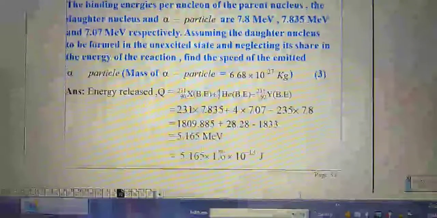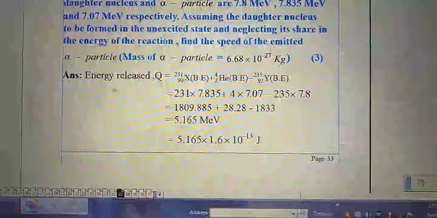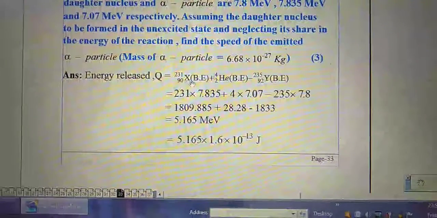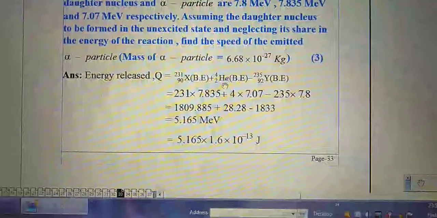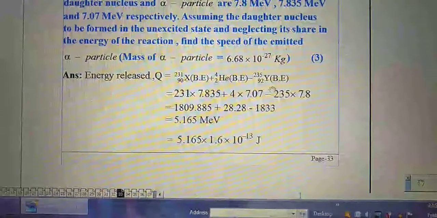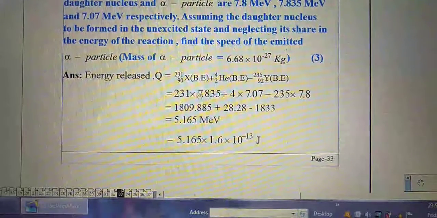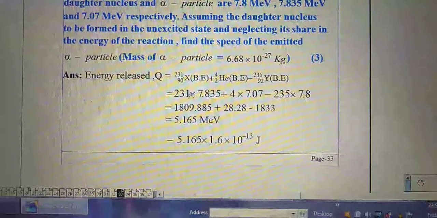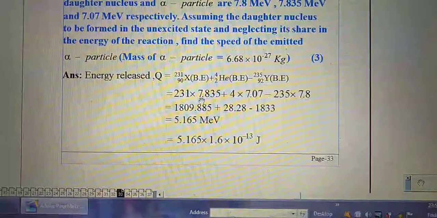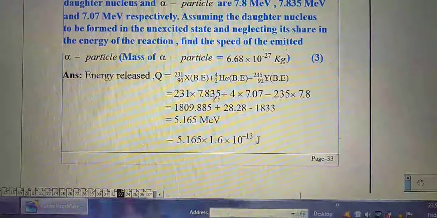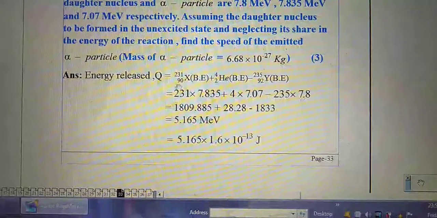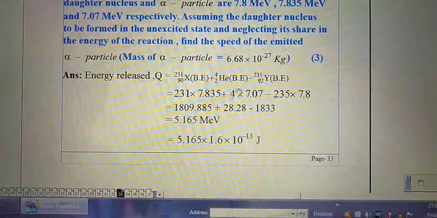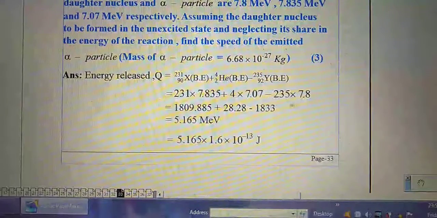Here, energy release Q equals the binding energy of the helium and daughter nucleus minus the parent nucleus. For each nucleon the binding energy is 7.835, and then you multiply it with the mass number. The same process applies here.